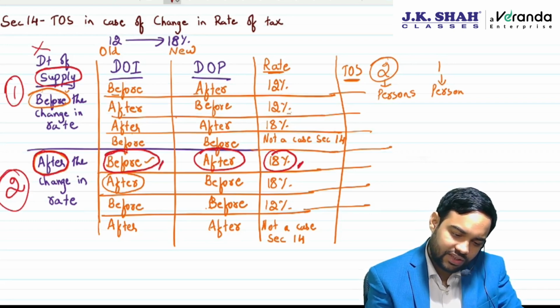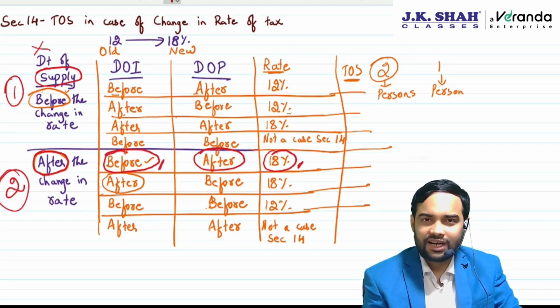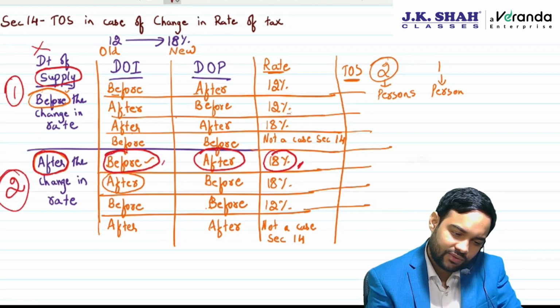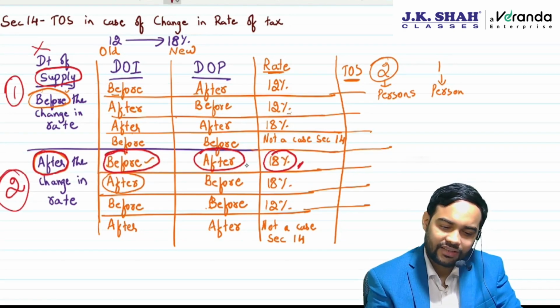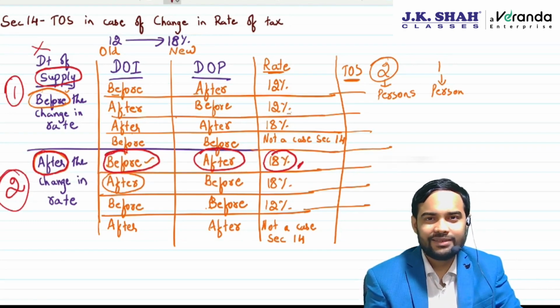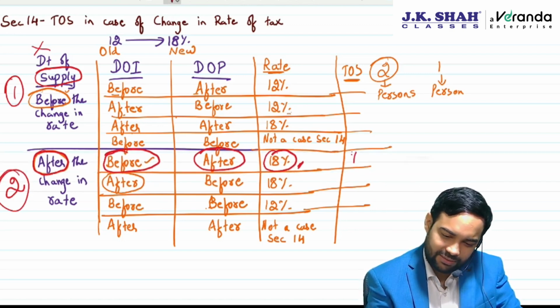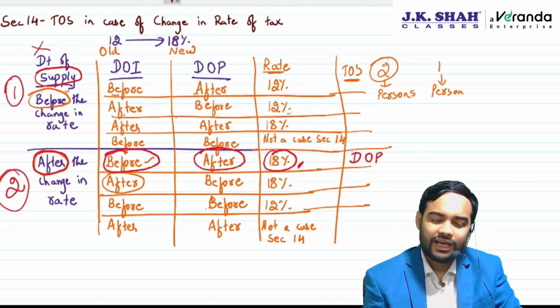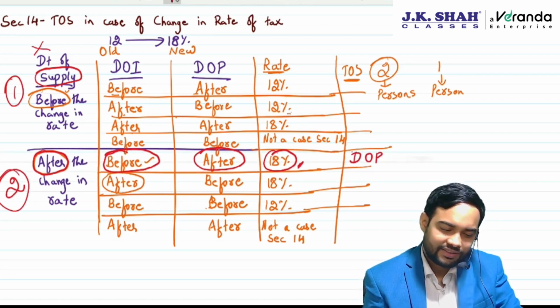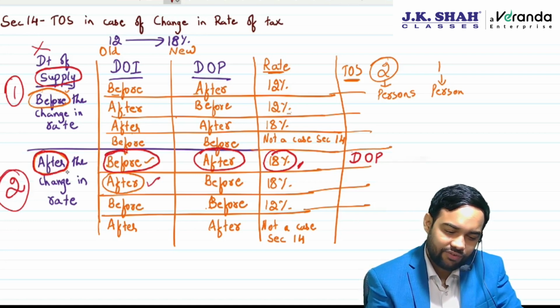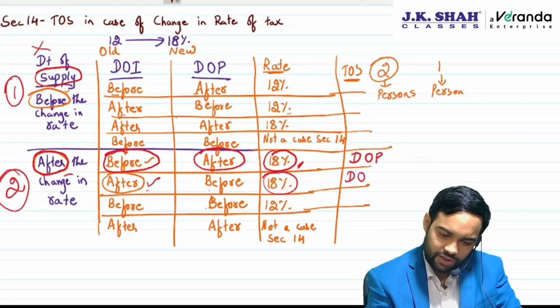If we use date of invoice, then it will be a clash, because we are using the 12% one, but actually the 18% rate is applicable. So the time of supply will be date of receipt of payment. Second case, two events are after. So we have to choose the 18% one, and by default the answer will be invoice date.